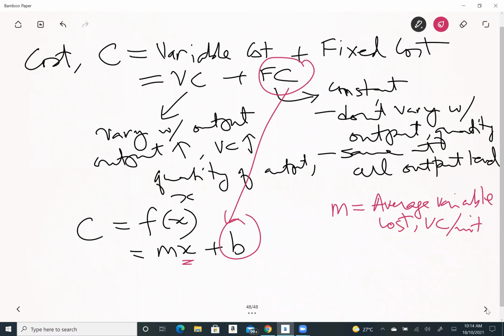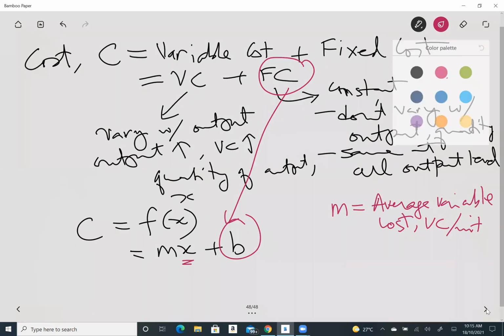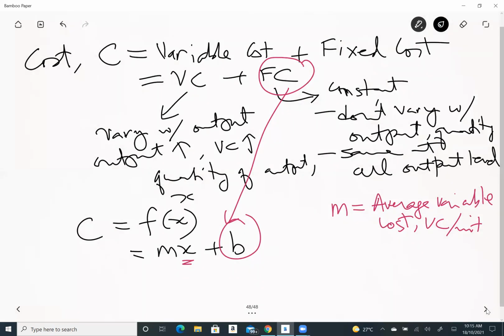If you look at the cost, revenue is easy: you sell the output, you get revenue. Now, even though the cost is a function of X, in order for us to get the idea of fixed cost and variable cost, you have to relate to the cost of the inputs that we use in order to produce something.